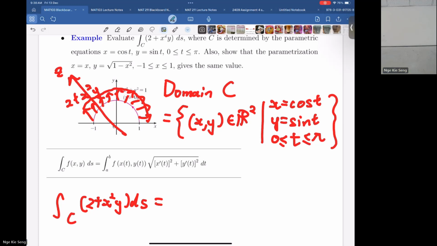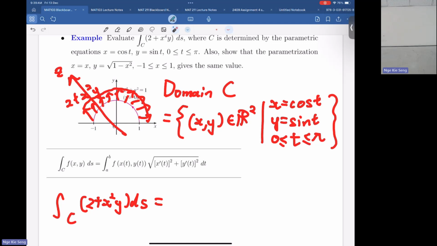The region, but I know the range is this circle, 0 to pi. Well, you see, this function is a two variable function, right?